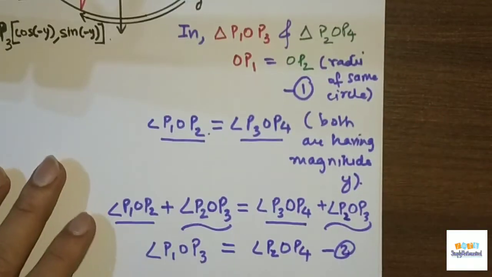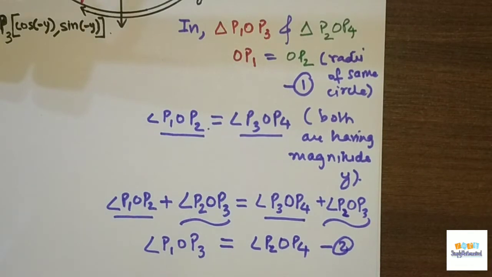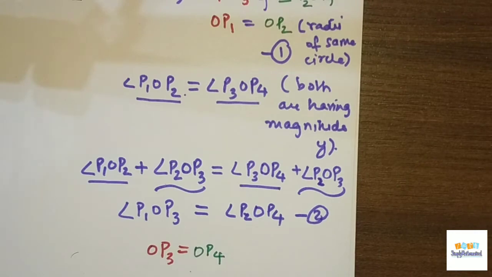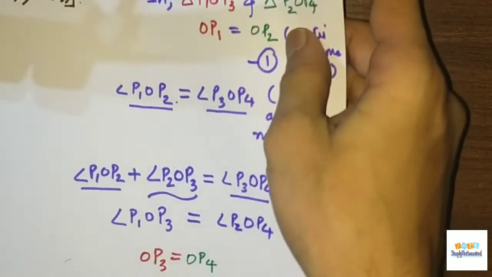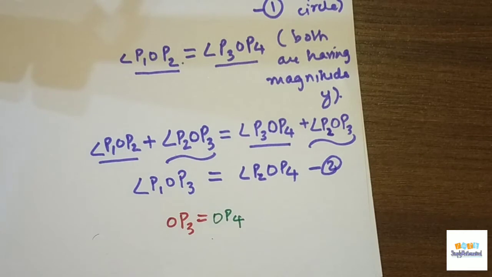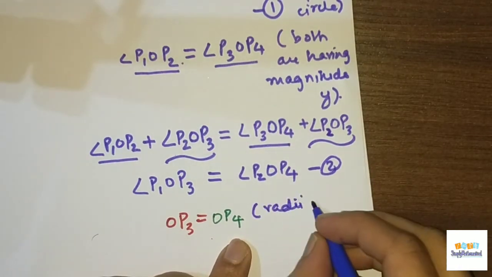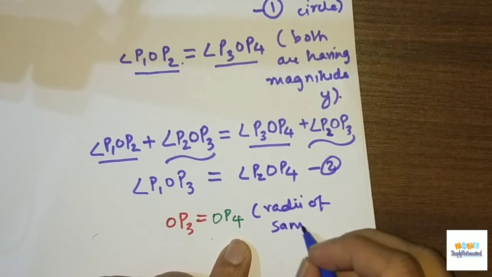So OP3 is equal to OP4. The reason is radii of the same circle.